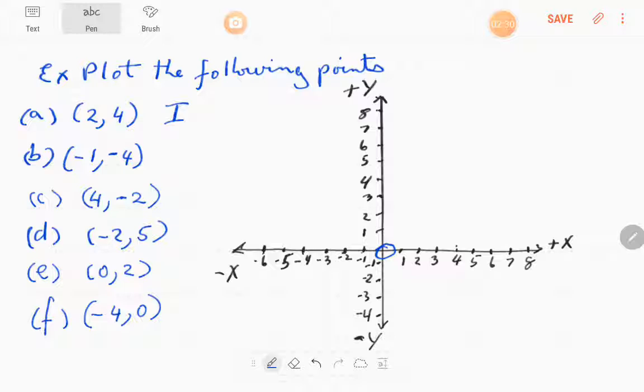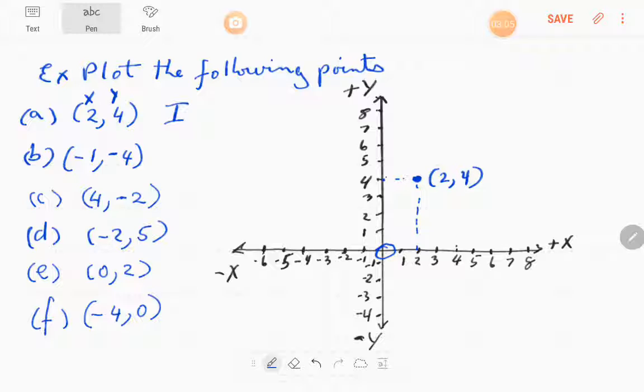So here we go to the x value of 2, y value of 4. So we will go up where x is equal to 2, and then we come across horizontally where y is equal to 4. And that intersection where x is equal to 2 and y is equal to 4 is the point 2, 4.